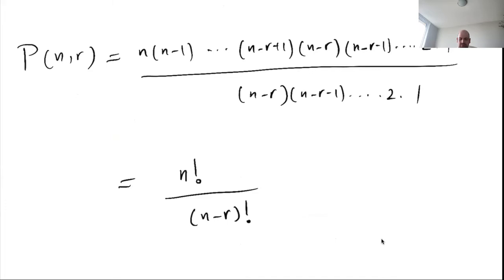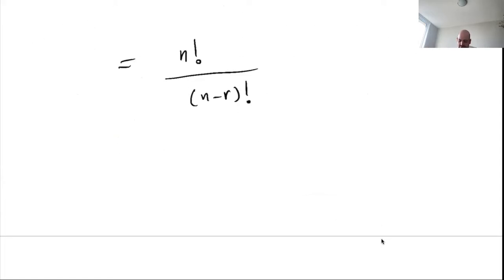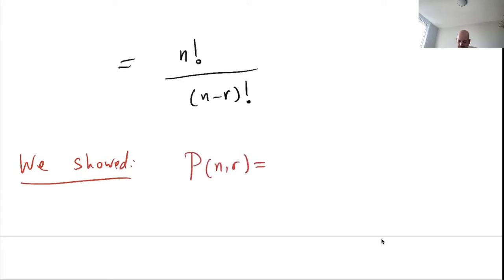Numerator is n factorial, denominator is n minus r factorial. So that's it. We showed P(n,r) equals n factorial over n minus r factorial.